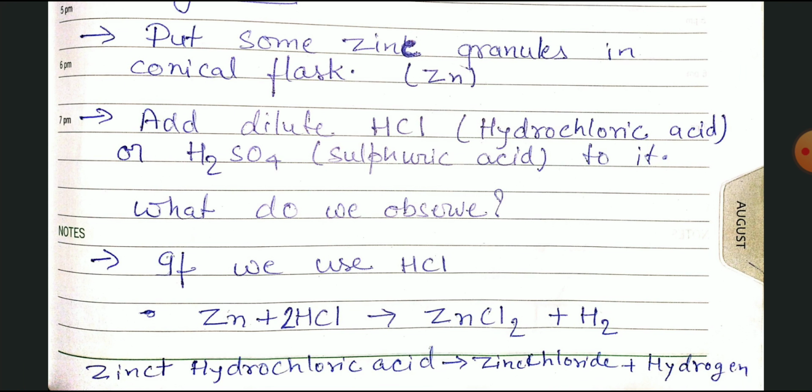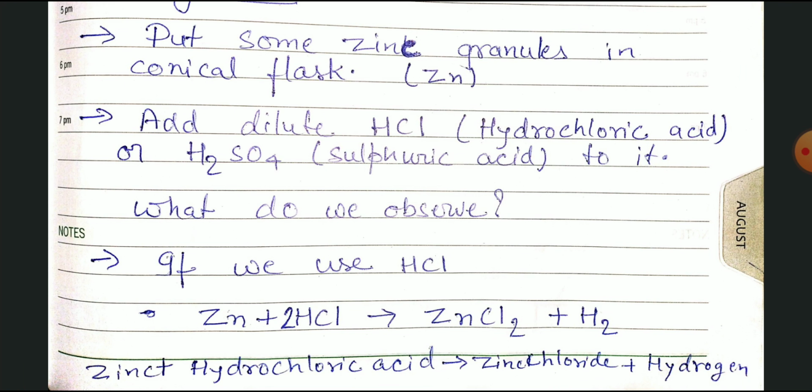So what do we observe in this reaction? There are two things that we will deal with separately. First, if we use hydrochloric acid with zinc, and hydrochloric acid is poured onto the zinc granules, we see that zinc chloride is formed and hydrogen gas is liberated.